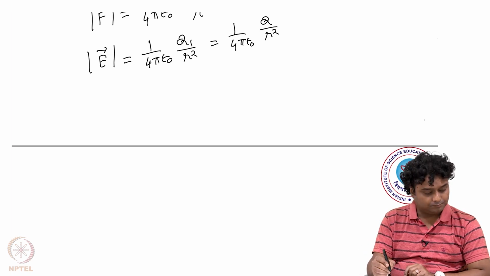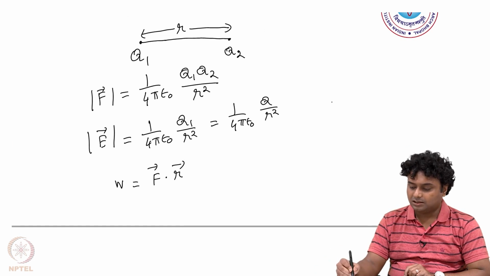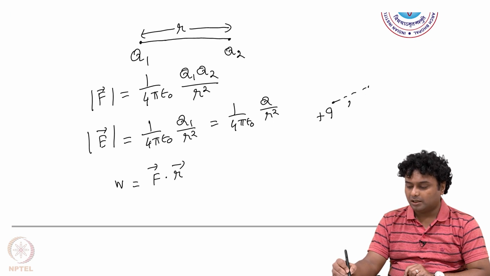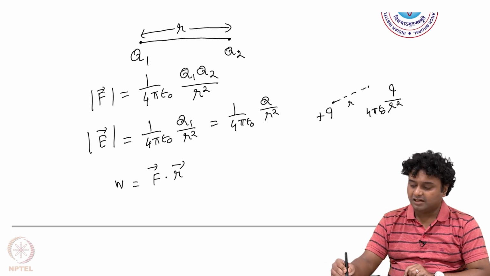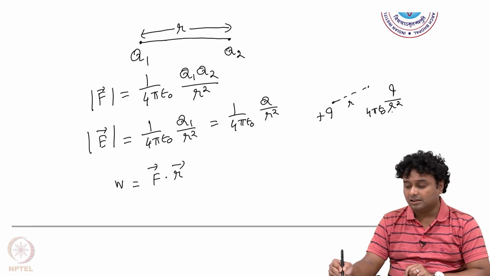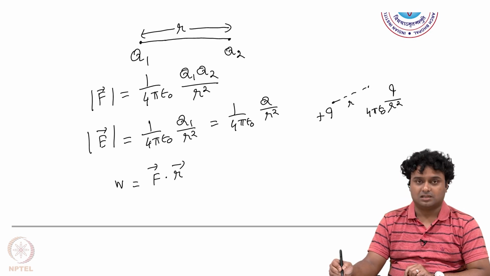So if I have a charge plus Q at this point, then the electric field at some point at a distance r is Q by r square, with the constants 4 pi epsilon naught. At different distances, if this r changes, then the electric field also changes, right?